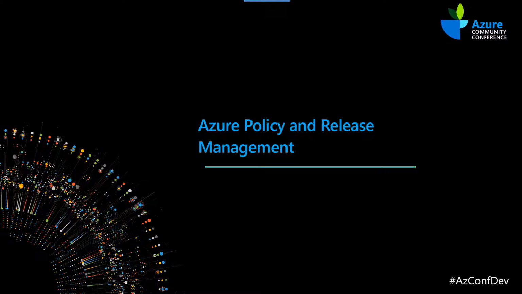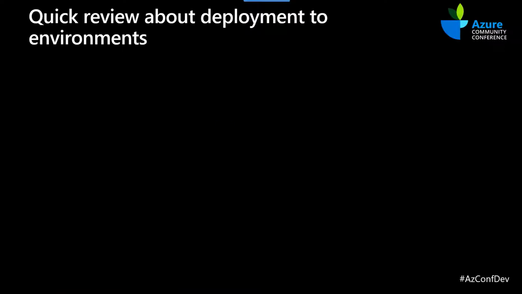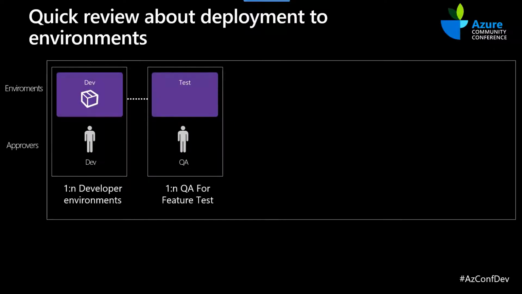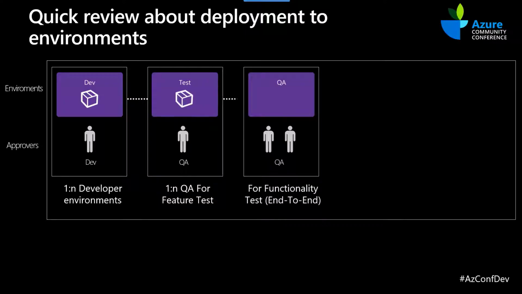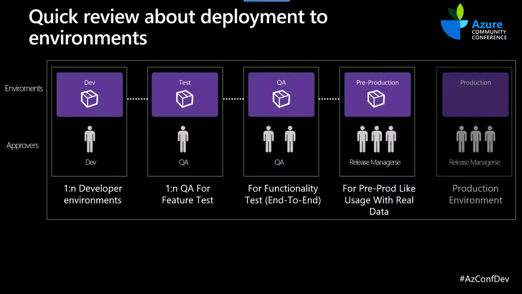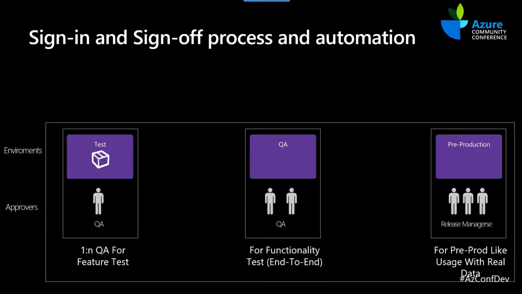Let's talk about how we can integrate Azure Policy and release management pipeline. To review the deployment and the environment, usually we have different environments and we would like to promote our application from one environment to another. And this is the typical scenario. But moving the application or promoting the application from one environment to another requires sign-in and sign-off.